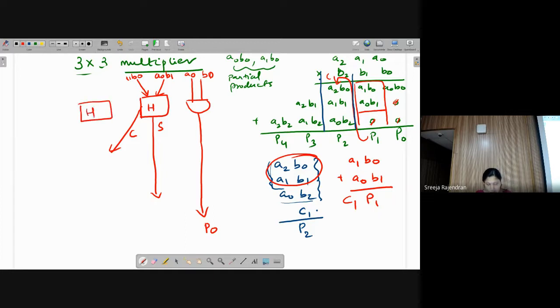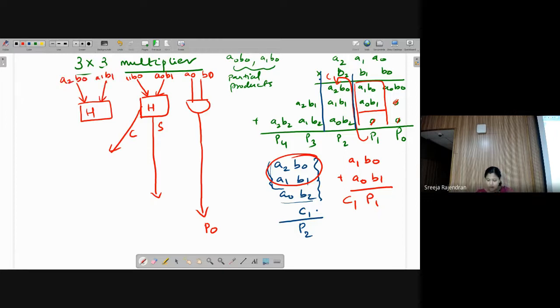And when I use a half adder here, one thing is that the structure becomes modular. That is, in one row I have half adders, maybe in the next row I will have full adders, and so on. So the larger the multiplier, it will give you a more modular or regular structure. Okay. So to make the structure modular, I decide to use a half adder in the first stage. Now the inputs are A2, B0 and A1, B1.